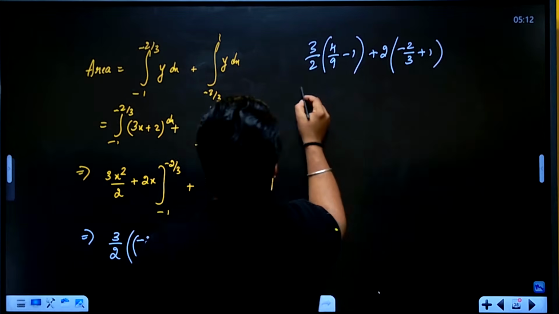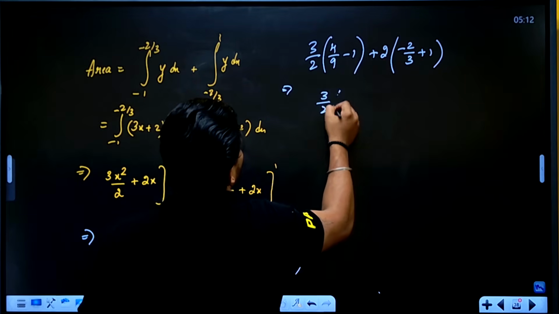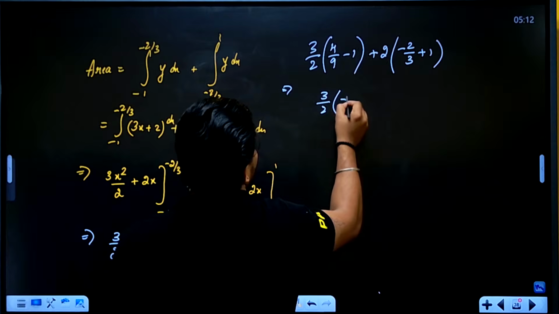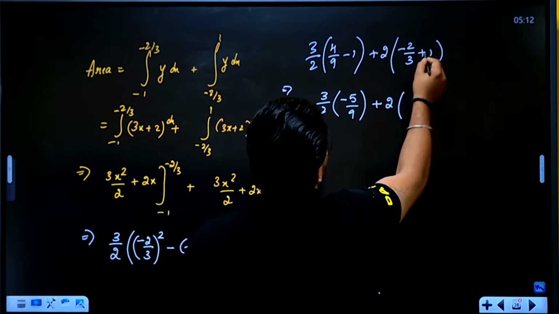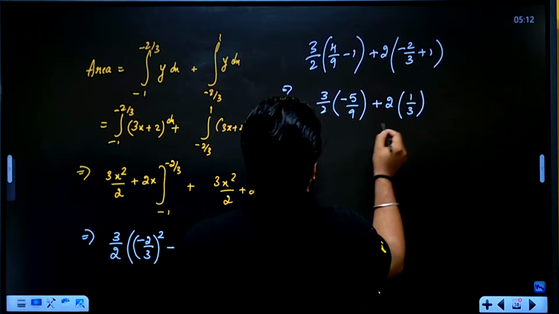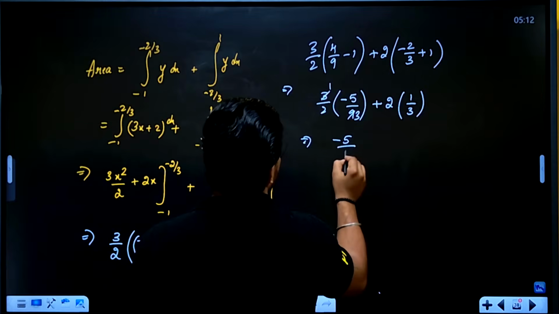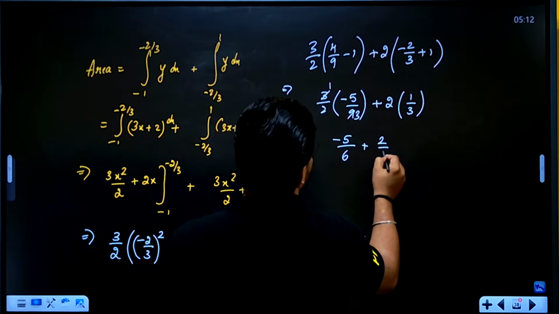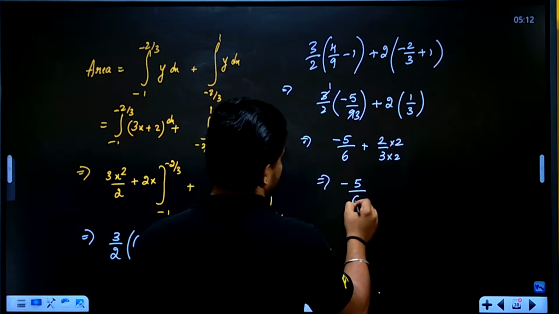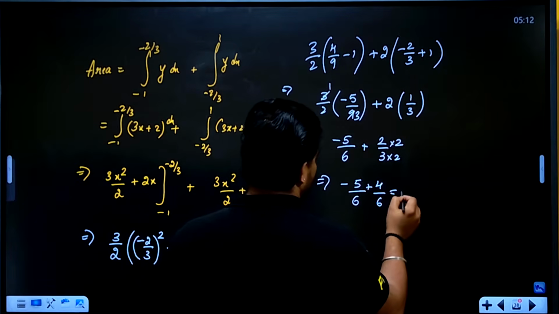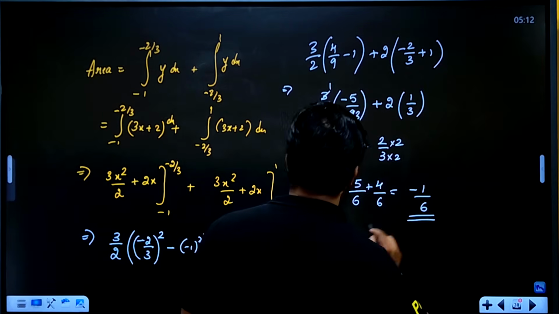So 4 by 9 minus 1 is 4 minus 9, so 3 by 2 times -5 by 9, plus 2 of 1 by 3. So we get -5 by 6 plus 2 by 3, which is -5 by 6 plus 4 by 6. So the answer is -1 by 6. The area of this is actually -1 by 6.